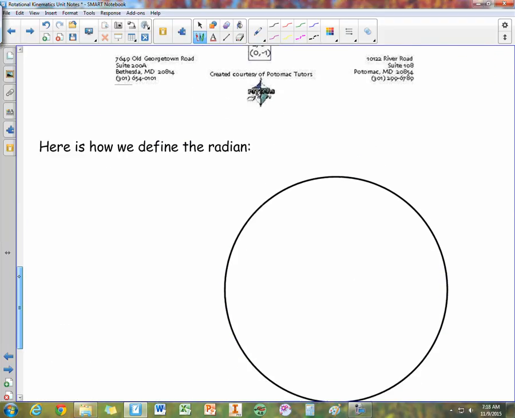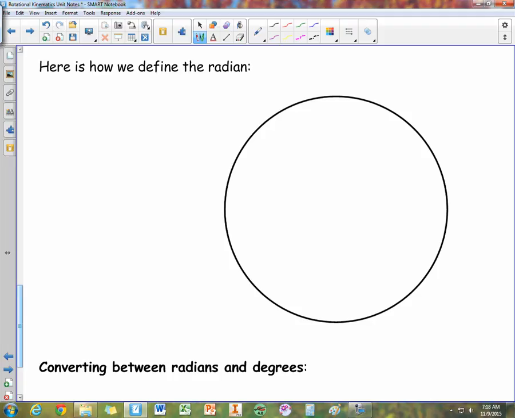So here's how we define the radian. If I have a circle, I always like to put my Cartesian coordinate system on the circle. And let's say I have my position vector r turning from here to here. Well, on the leading edge, we have this curve here that we call S, which is the arc length.